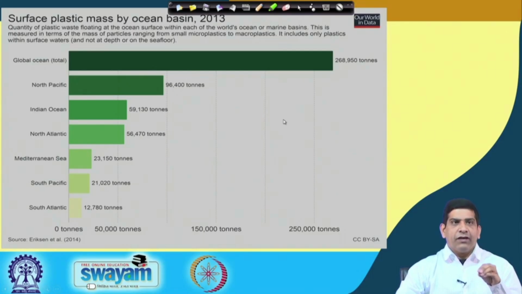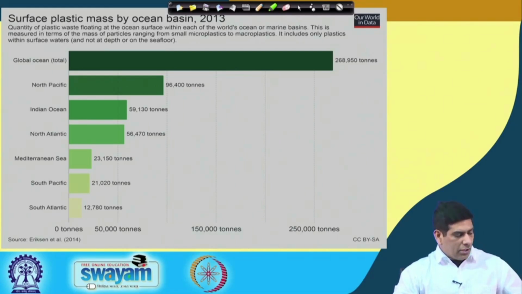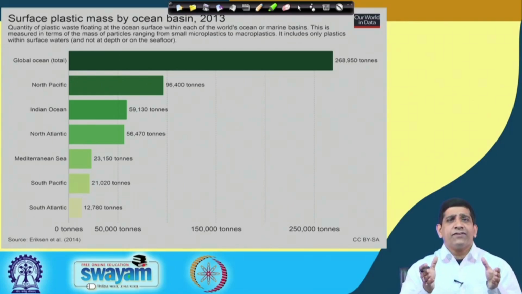Surface plastic waste, if you look at the ocean basins, this is again 2013 data. As you can see, there are different data sources out there, and each has more or less similar numbers. In relative terms the values are similar, but the absolute values keep changing because the data has been collected at different times of the year.